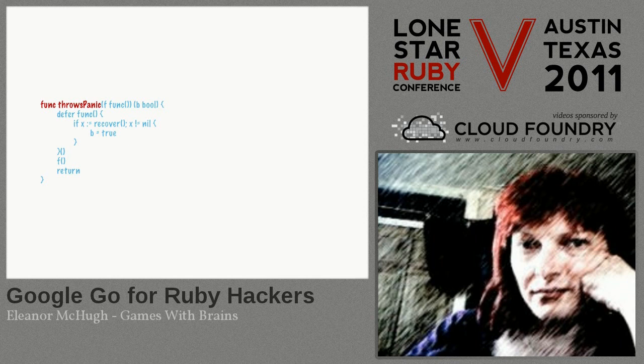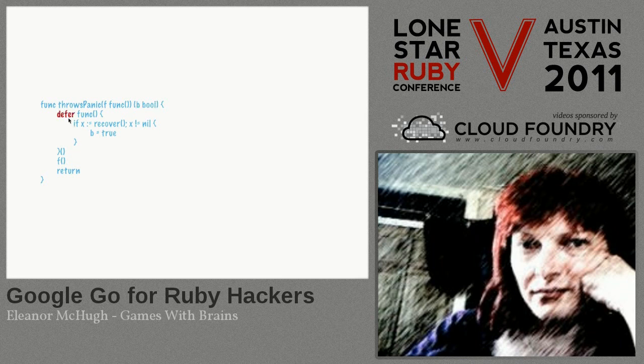This is a little more interesting, because this is a very basic start towards how you'd write an exception system. Throws panic will take any old closure, because every function in Go is a closure. Even methods can be converted into closures if you know what you're doing. And over here, I'm just going to say, didn't it throw a panic?